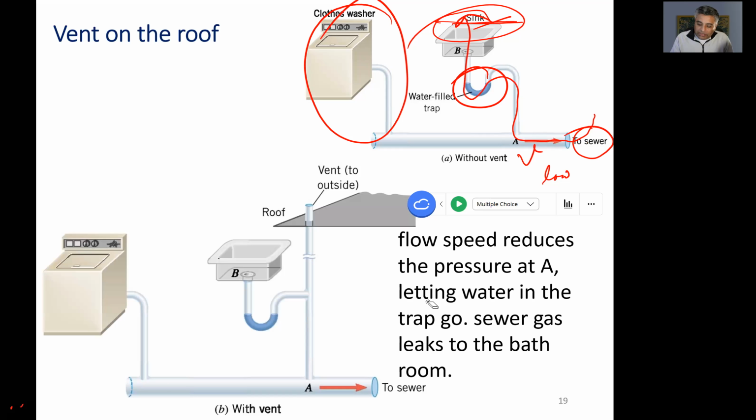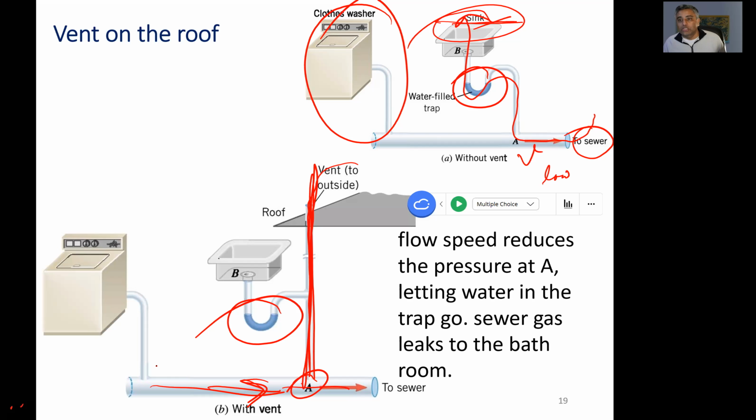When pressure starts getting lower because of the flow, if this vent is open up there, it's connected to the whole atmosphere, so pressure remains constant. It doesn't get lower, so the water seal survives, and the smell from the sewer is not going to get to our home. Yes, it keeps the smell down the pipe.